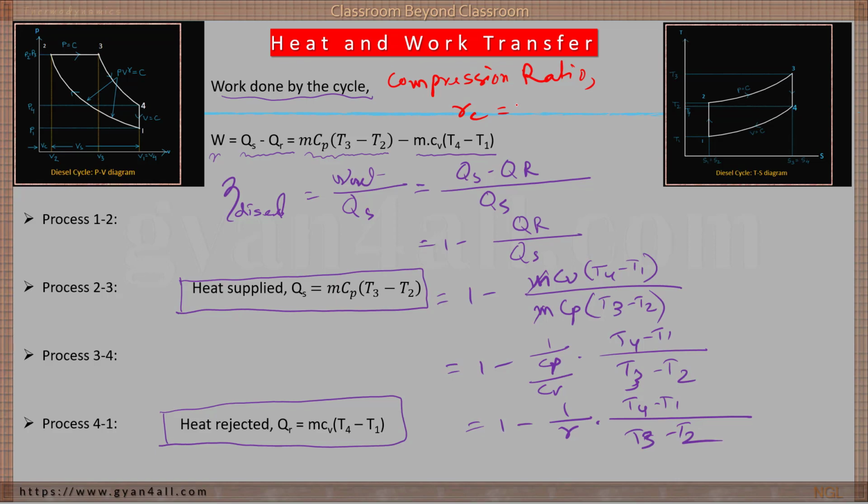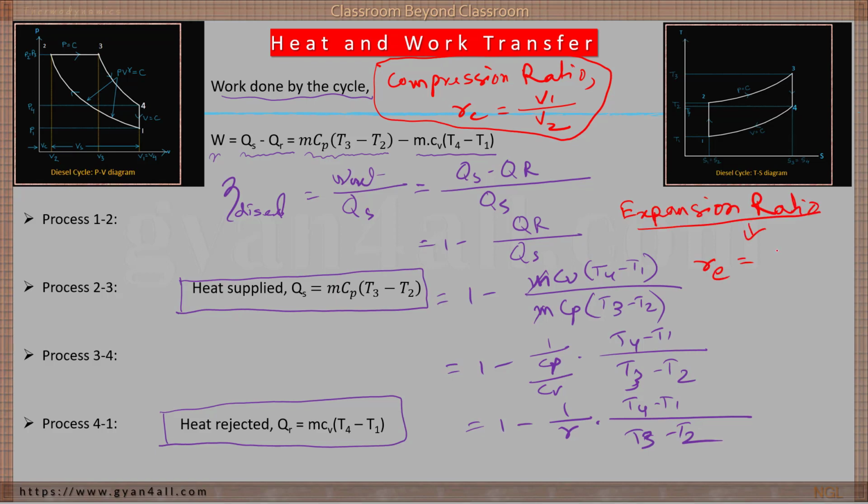So what is the volume before compression? V1. And what is the volume after compression? V2. So the compression ratio is V1 by V2 for this diesel cycle.